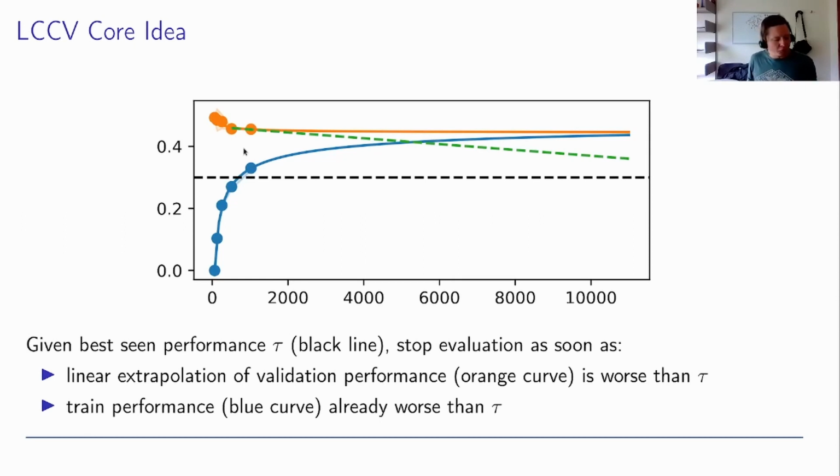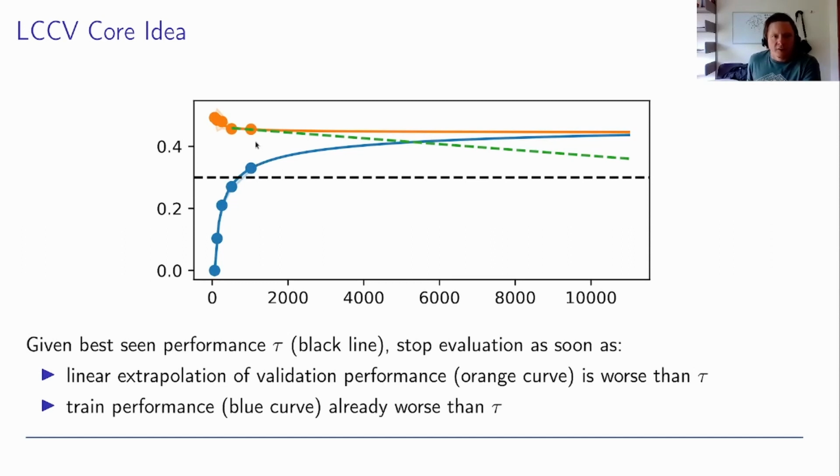The other reason for rejecting the candidate is that even the training performance is already worse than the validation performance tau of the best candidate we've seen so far. Since the training curve is monotonically increasing here, so this would be the error rate, for example, we also know that the candidate can impossibly become competitive. So that's either of the two reasons.